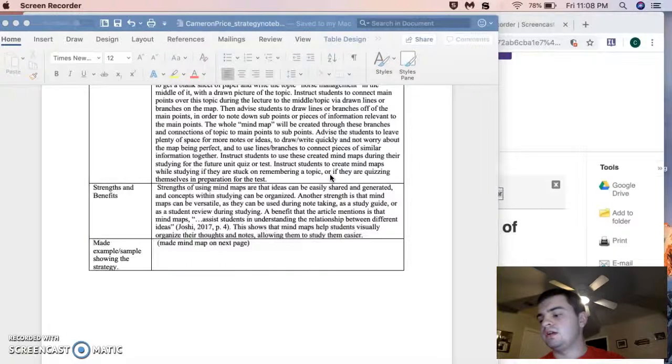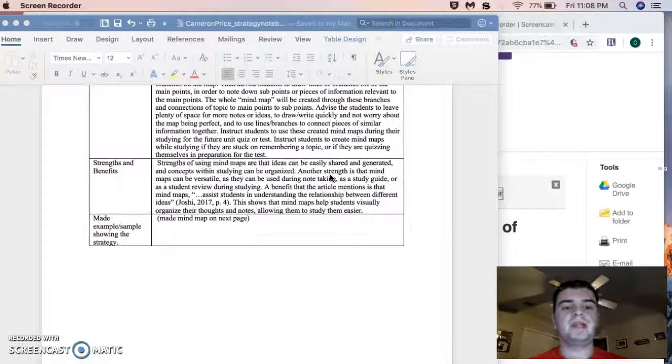And then you can instruct the students not only to use this during note taking, where the notes they take are going to serve as a good study tool down the line, but that's the note taking part of it. This gets into the study part of it, really, which notes is part of study, but this goes into further studying for the test or quiz. Instruct the students to, once they create it and start the studying process for the test, use the mind map as a source of studying to look at and refer to.